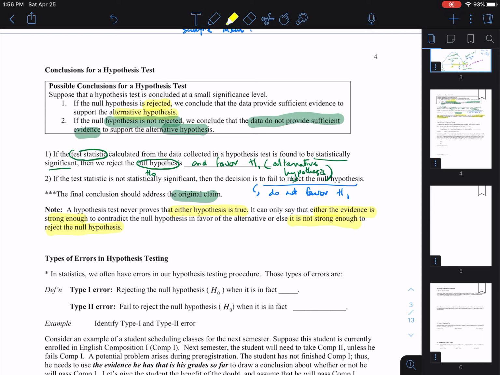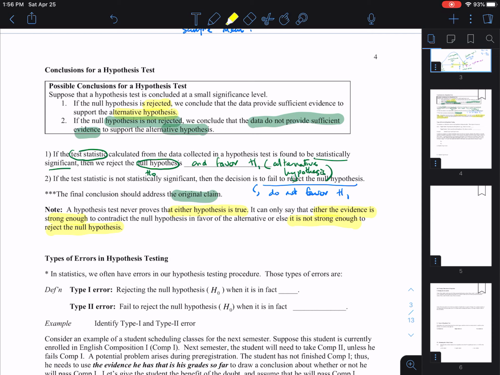So it's never 100% true. We don't say we accept the null or that the null is true. We just say, based on the sample data, whether we have enough evidence to support what the null hypothesis is saying or not. But we never 100% accept it as true or say it is false, because it's just a simple random sample, not the entire population.